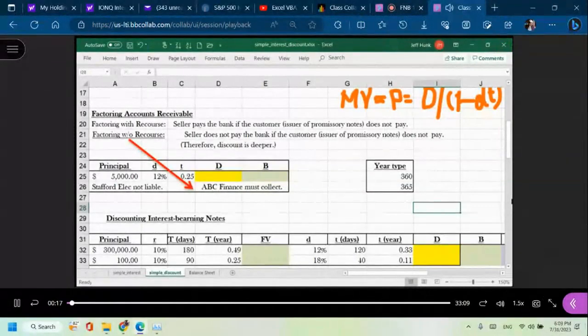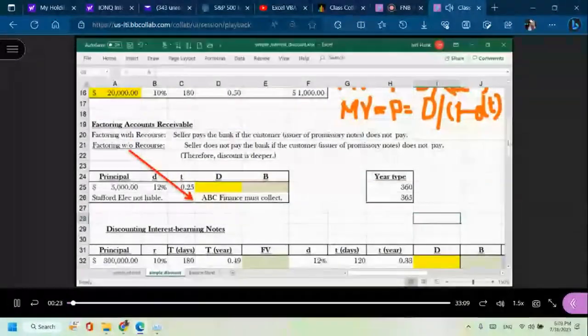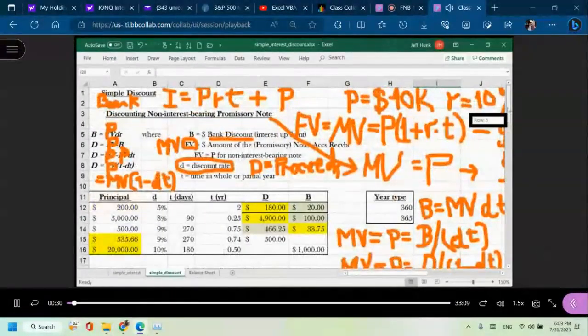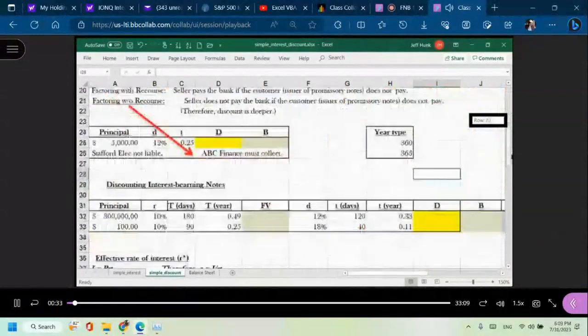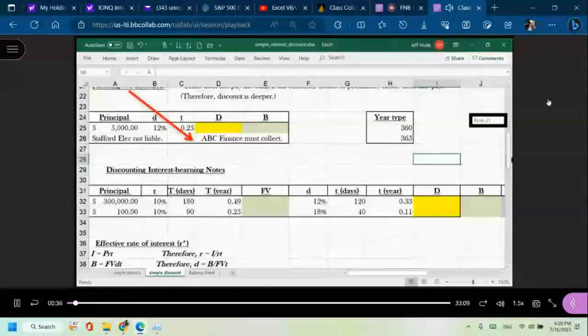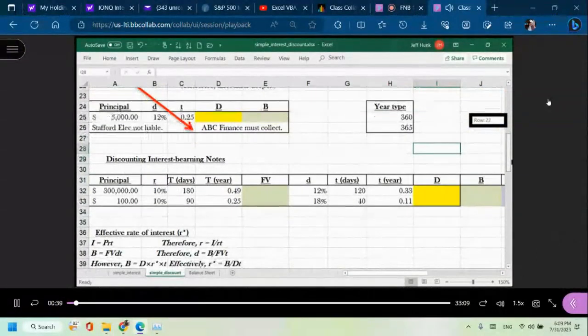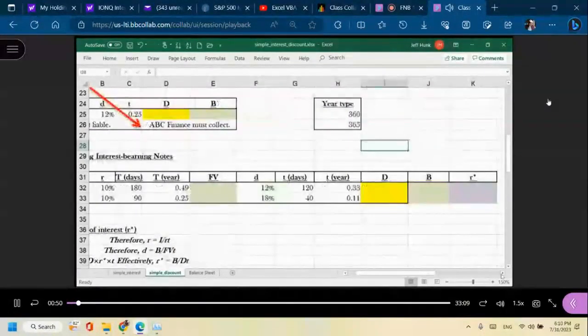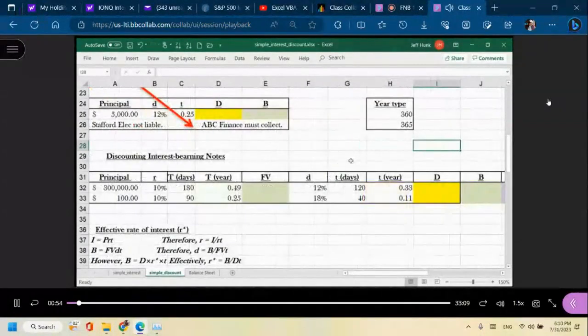Now, in our last class, we took a look at the example of discounting a non-interest paying promissory note, right? So now, in this segment of the video, we're going to discuss discounting interest-bearing notes or interest-paying notes. Now, I've been telling you all along, simple discount is also called bank discount, right?